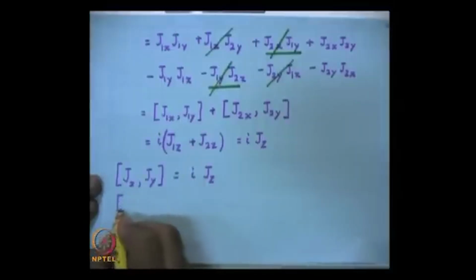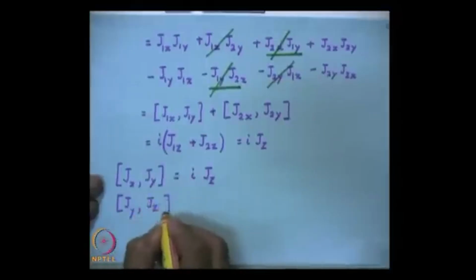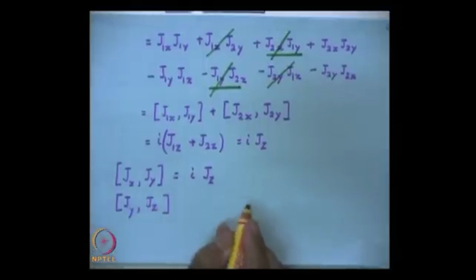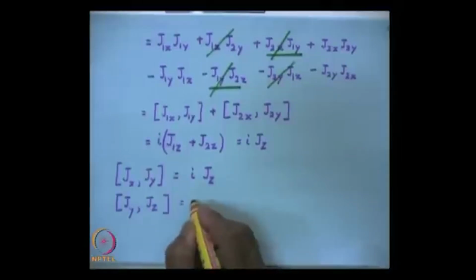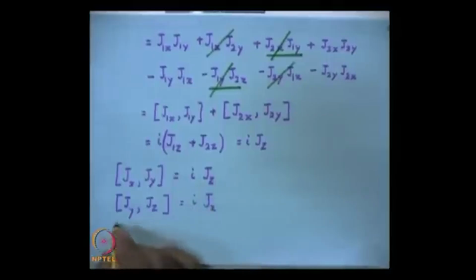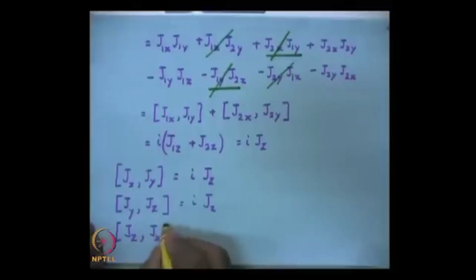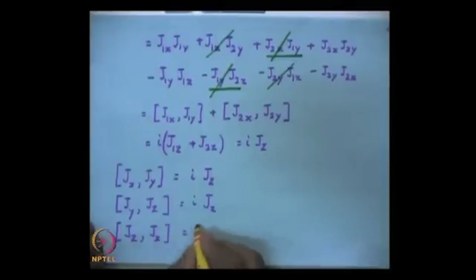Similarly, I will leave it as an exercise for you to show that [Jy, Jz] is equal to i Jx, and you have [Jz, Jx] is equal to i Jy.